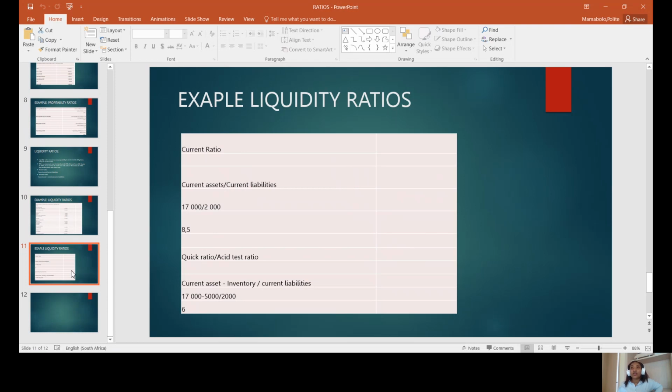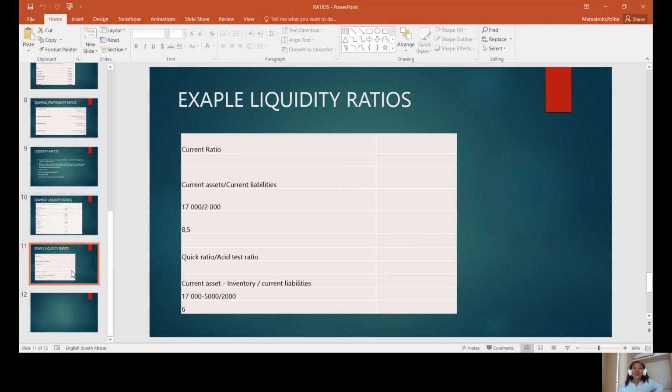So usually it depends on the norm. The norm can be 2 is to 1 or 1 is to 1. When it is 1 is to 1, it means that our current assets are equal to current liabilities, which can be good. It means that we'll be able to cover those current liabilities when they become due. But in this example, it is not really a norm to have 8.5.